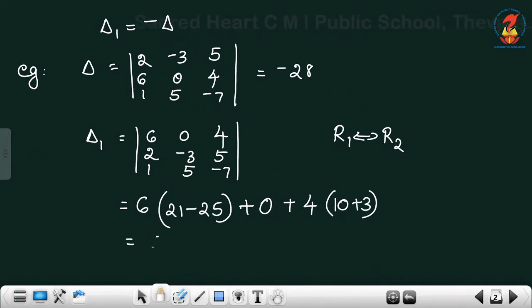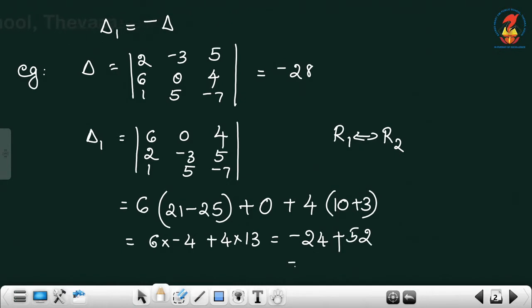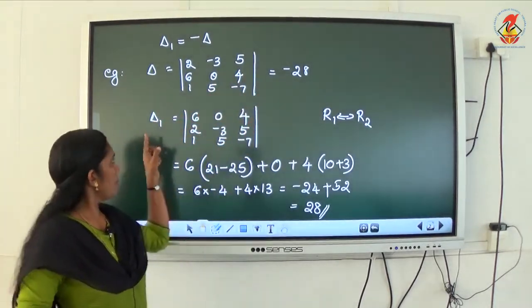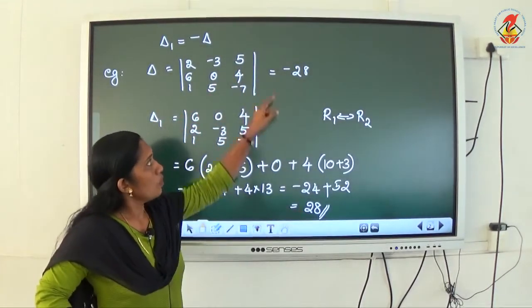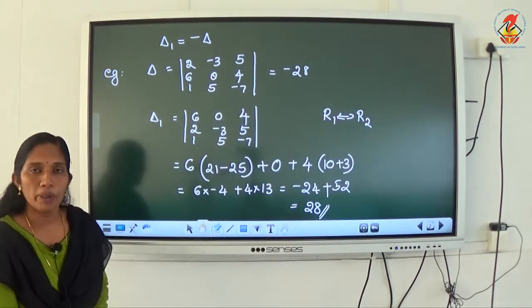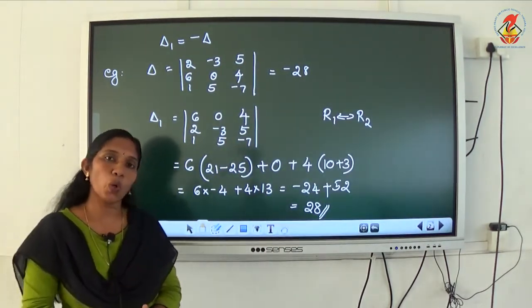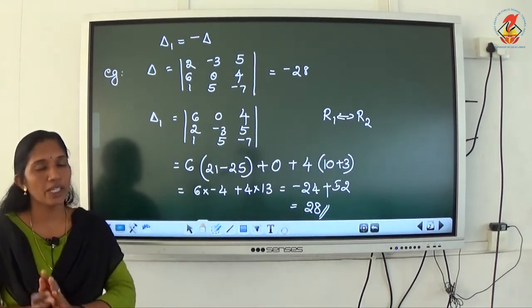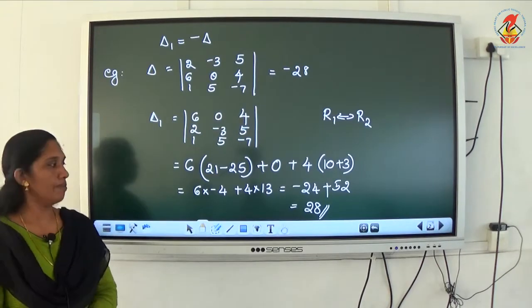So that is 6 into minus 4, then plus 4 into 13, that is minus 24 plus 13 into 4 is 52, so that is 28. So look, delta is minus 28 but delta 1 is 28. So its sign changes. So the property is when we interchange any two rows or any two columns of a determinant, then the sign of the determinant changes.